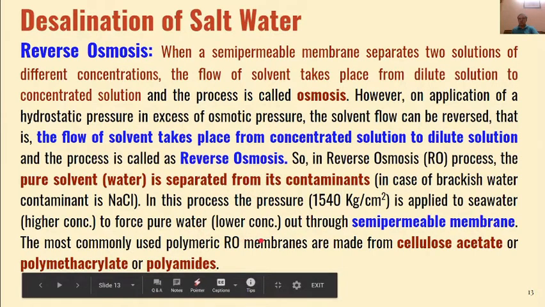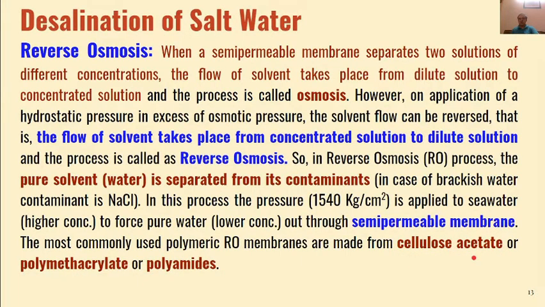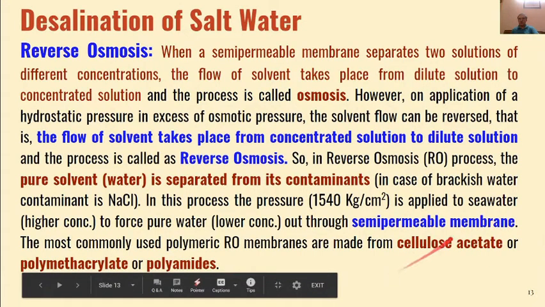This is done through a semi-permeable membrane. Most commonly used semi-permeable membranes consist of cellulose acetate, PMMA, polymethyl methacrylate, or polyamides. Membranes made from these types of polymers are most commonly used in the reverse osmosis process.